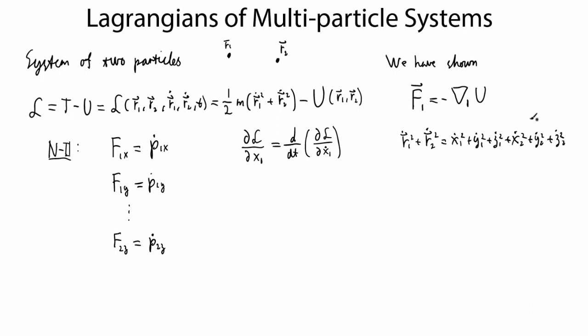So if I take the derivative with respect to any one velocity, I get the momentum in that direction because we're multiplying by 1/2 m in front. So this is true. And the same thing is true in the y direction, all the way down to the z direction of the second particle.